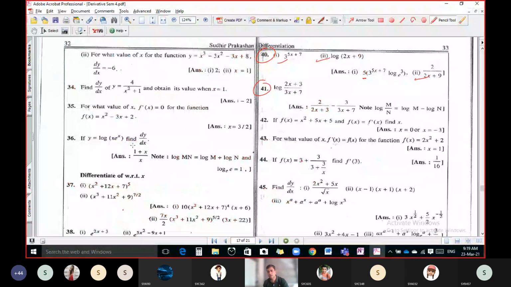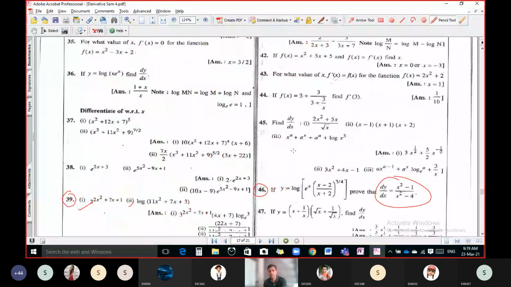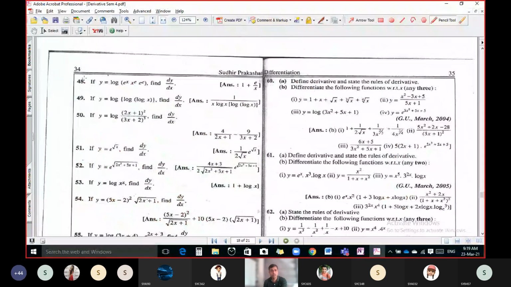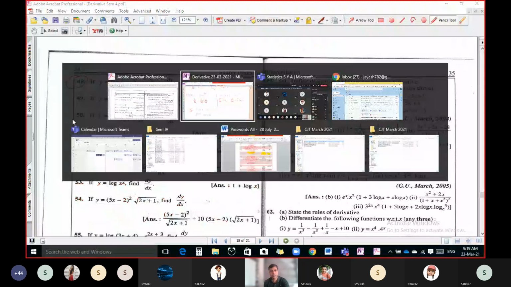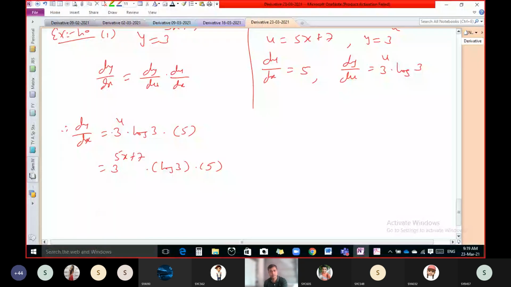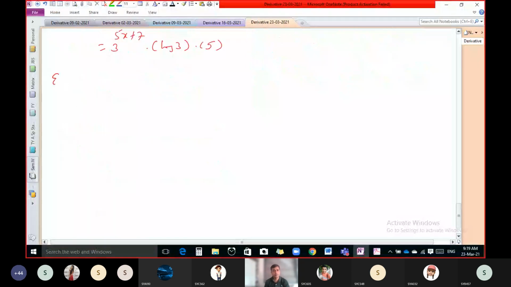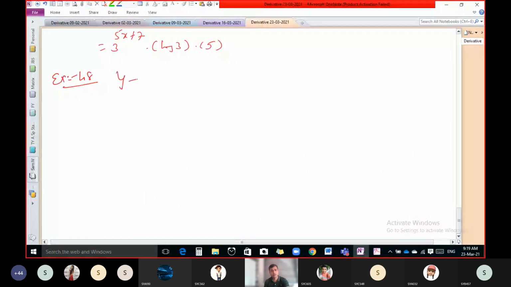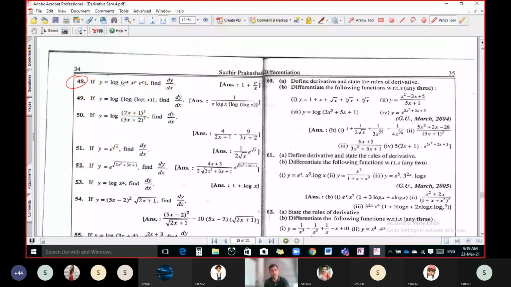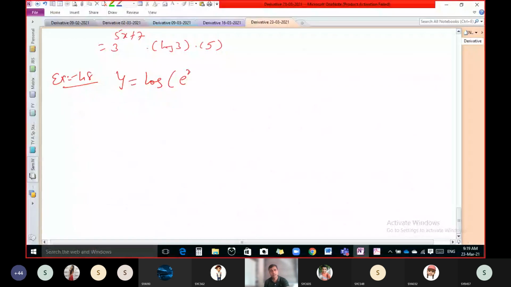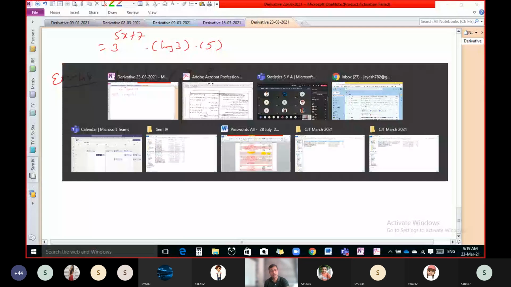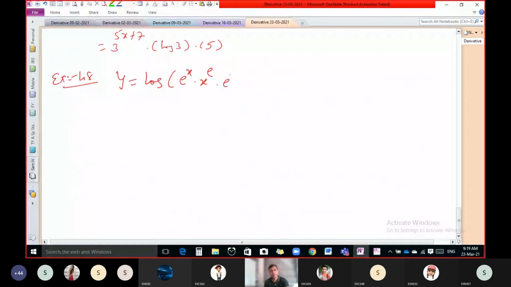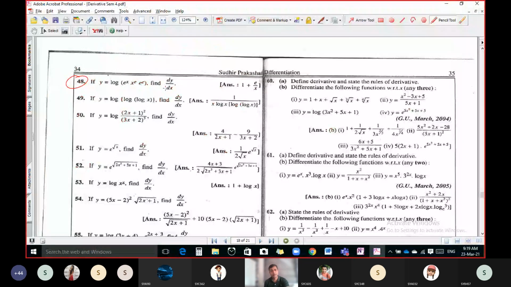Okay. Now let us do question number 48. If y equal to log in bracket e raised to x into x raised to e into e raised to e, and we have to find dy by dx.